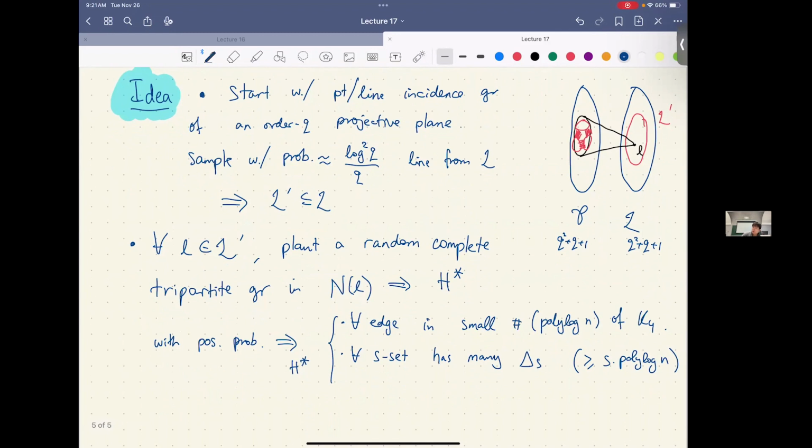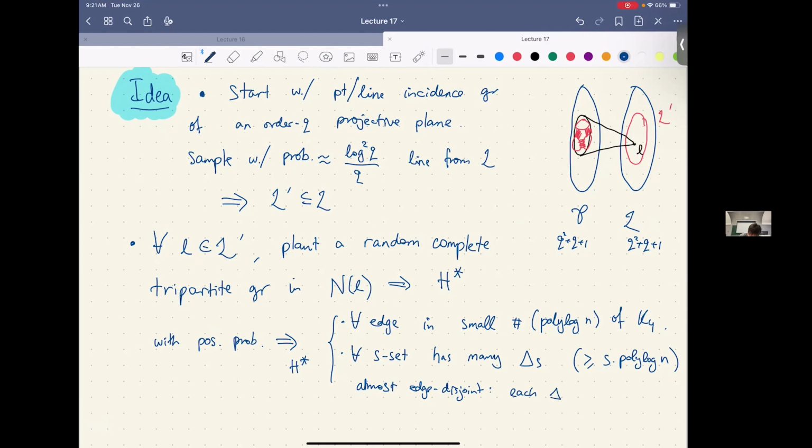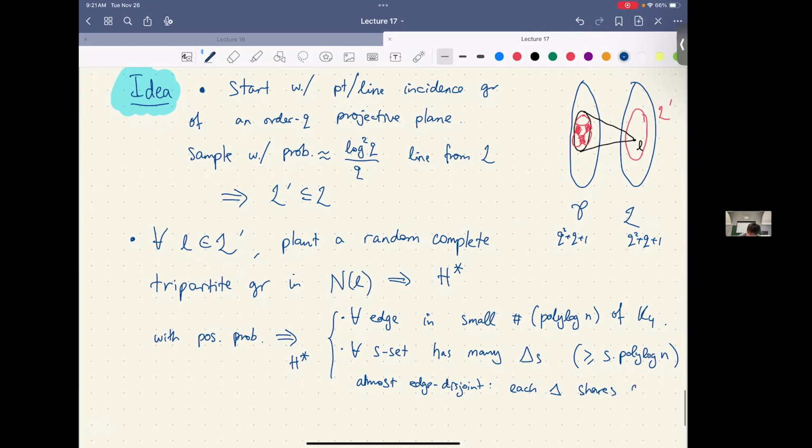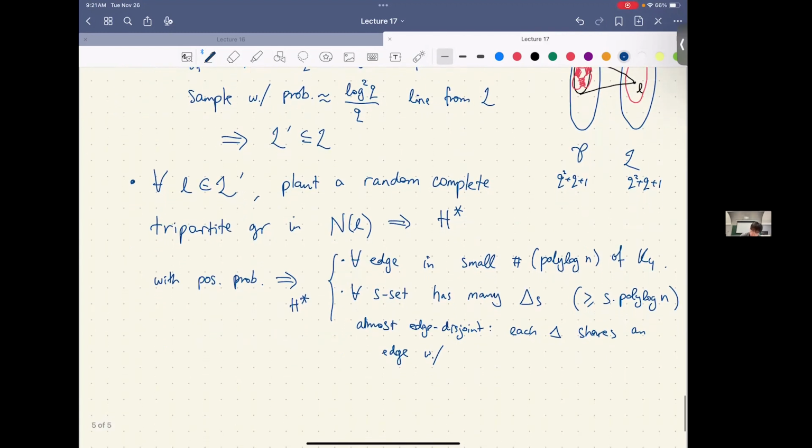And furthermore, these triangles are almost edge disjoint. What does that mean? That means each triangle in this S set shares an edge with at most a small number of other triangles. Here, this small is again polylog N.